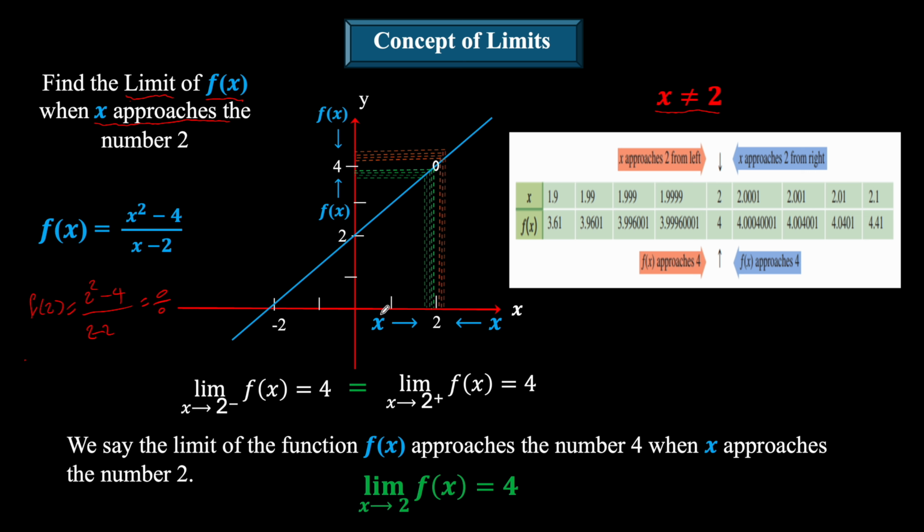Meaning x is approaching the number 2 from the left side, we get f of x approaching the number 4, and x is approaching the number 2 from the right side, f of x also is approaching the number 4. So they are equal, hence the limit exists, okay? The limit of f of x exists, and we say the limit as x approaches 2 of f of x is equal to 4, okay?